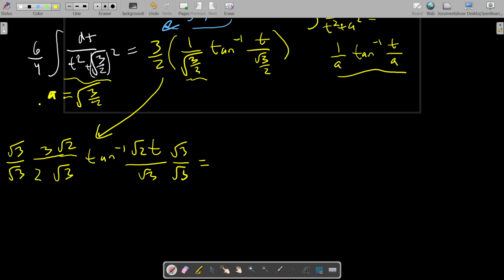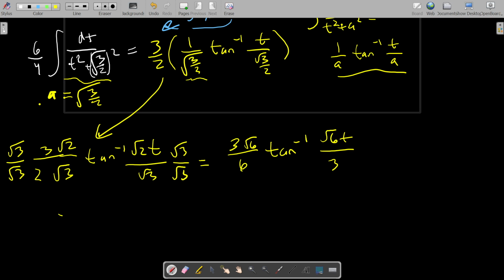Okay, so what we're left with is 3 square root of 6 over 6 tan inverse square root of 6 t over 3.